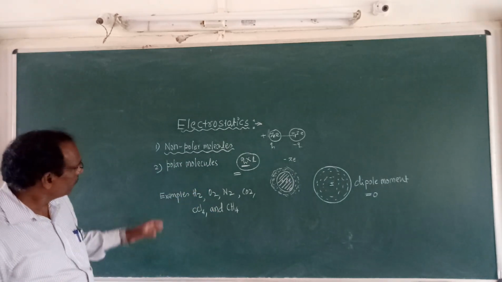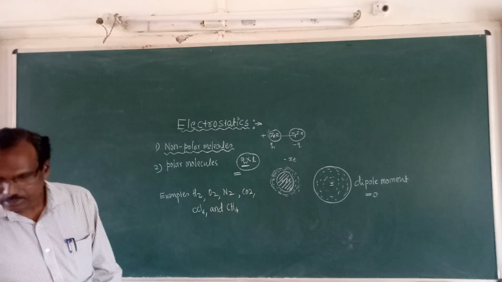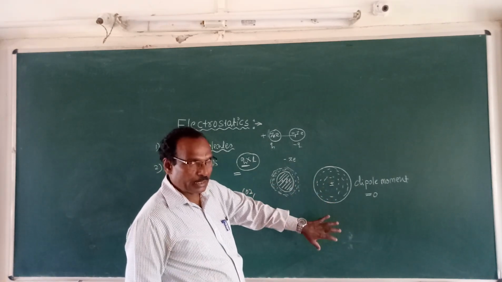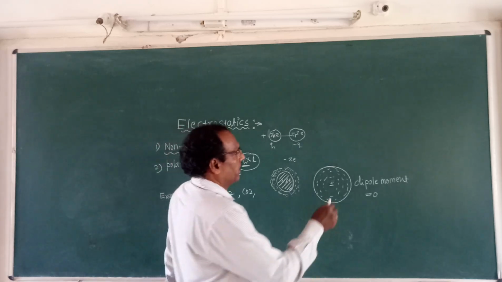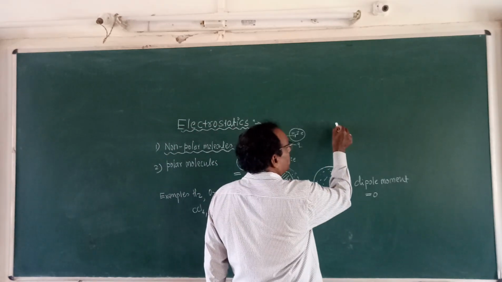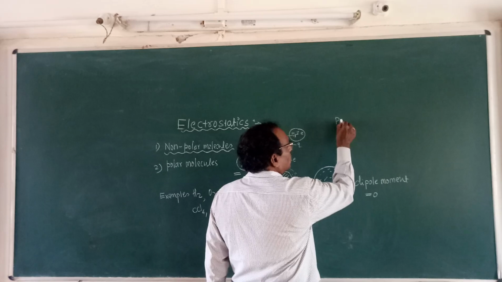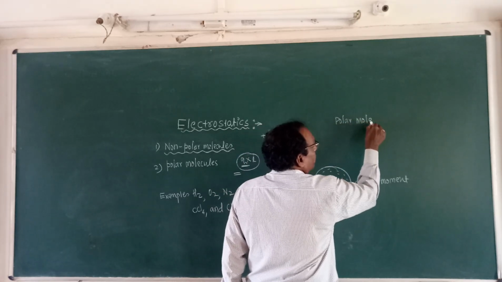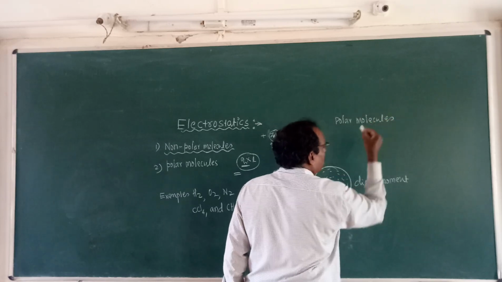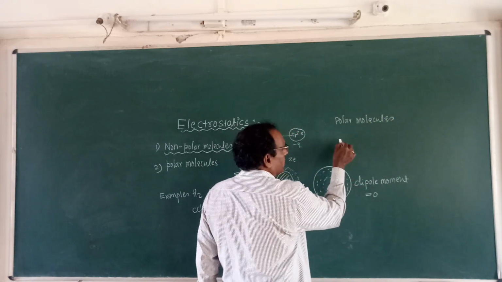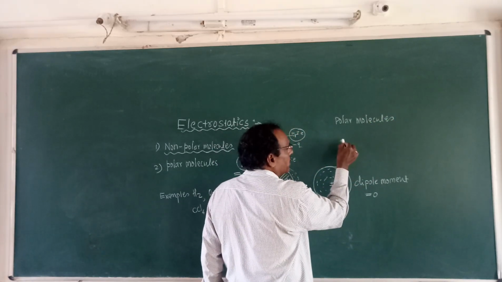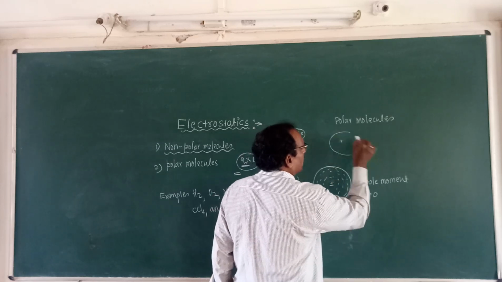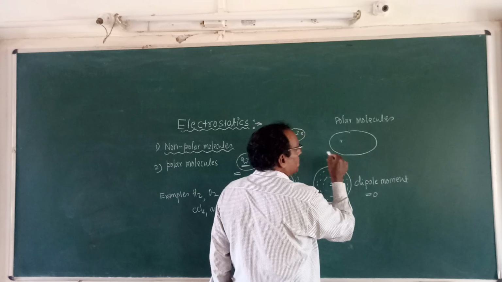We'll go to polar molecules. In polar molecules, the situation is different. I'll draw a picture here for a polar molecule. In the case of a polar molecule, this is the situation.